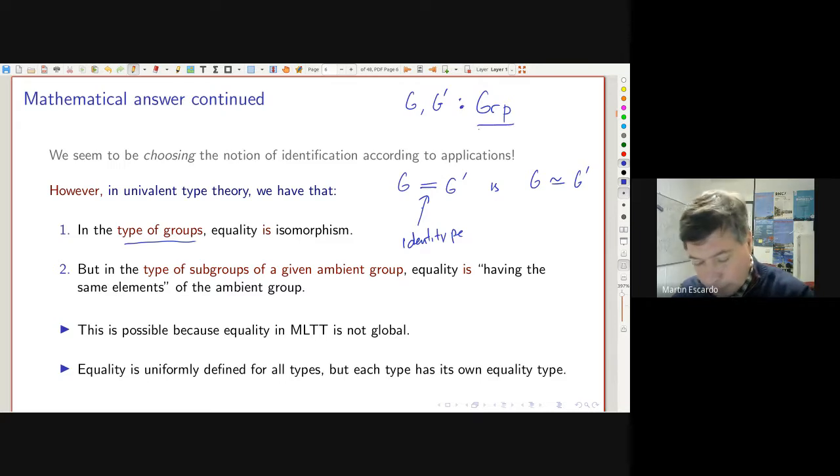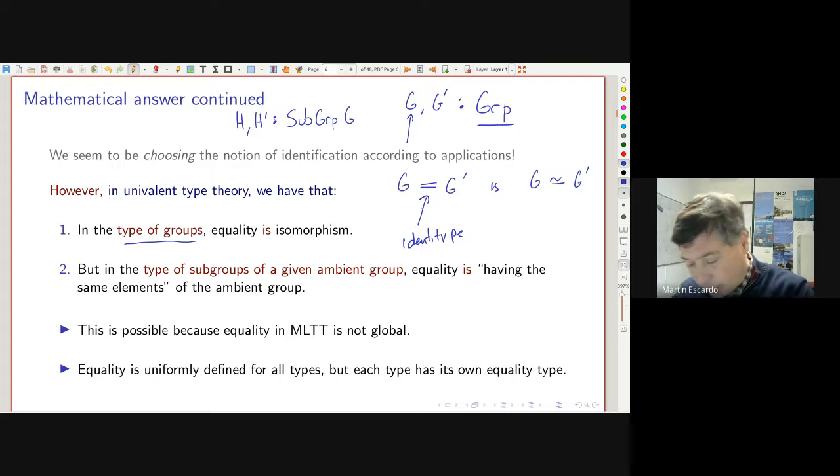That's the type of groups. But in the second example, where we saw that something was failing, actually we have a different type. So now you have a group G here in the type of groups. We can form another type, the type of subgroups of G. And you can take two subgroups of G there.